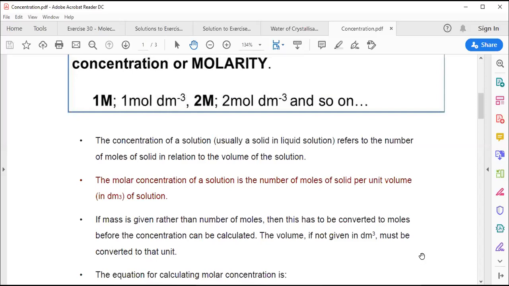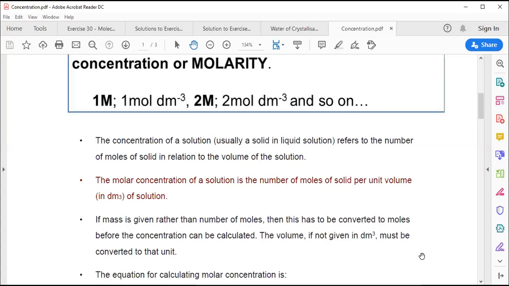All right, so the molar concentration of a solution is the number of moles of solute per unit volume in a cubic decimeter of solution. Please, I think I've highlighted: cubic decimeter is the same as a liter. Cubic centimeter is the same as milliliter.